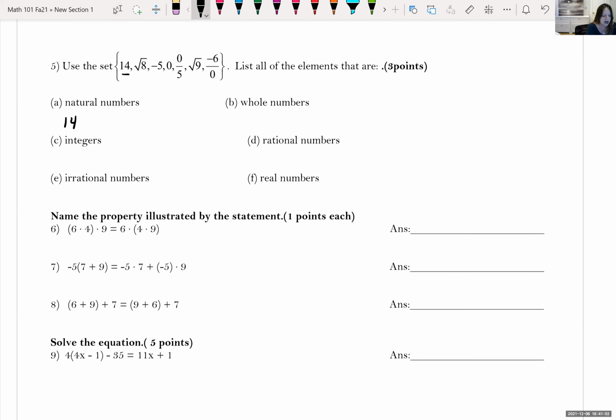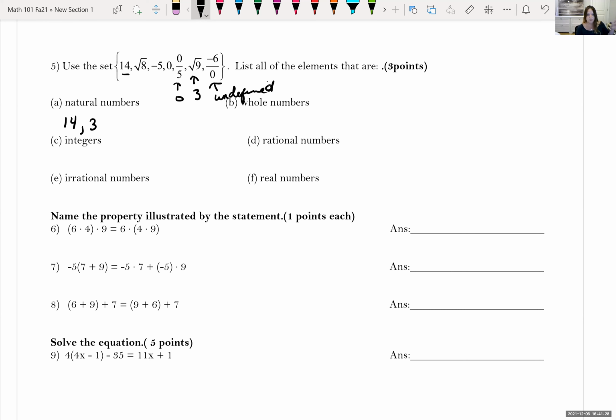Square root of 8 is not, -5 is not, 0 is not. 0/5, that's equal to 0. Square root of 9, that is equal to 3. So 3 is a natural number. And -6/0, this is undefined. Can't divide by 0.